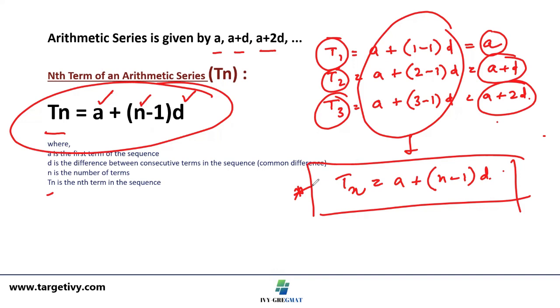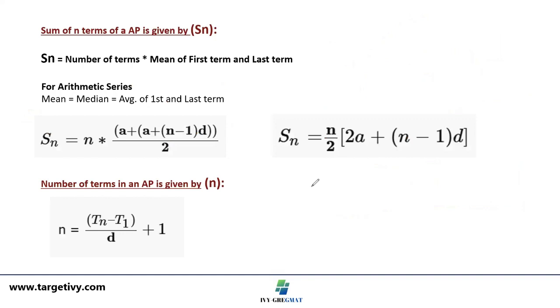Okay, let's move on to the next type, which is the summation of the n terms in an AP, which can be given by Sn. Plain vanilla put, the sum of n terms is actually the total number of terms multiplied by the mean of the set of numbers.